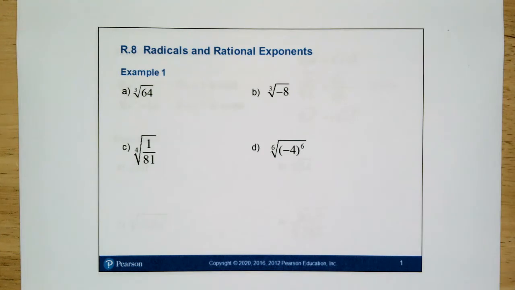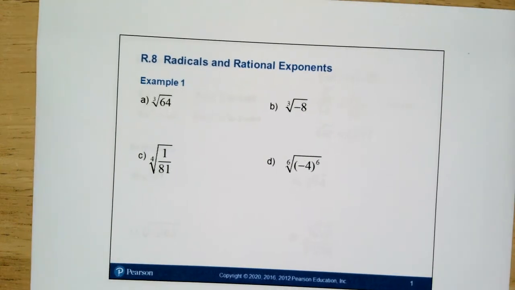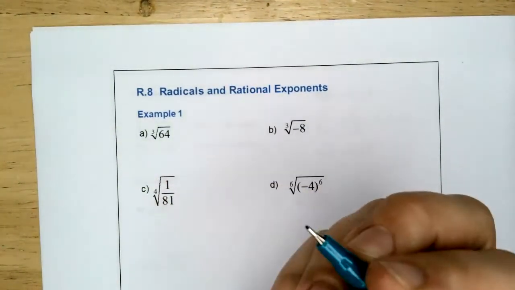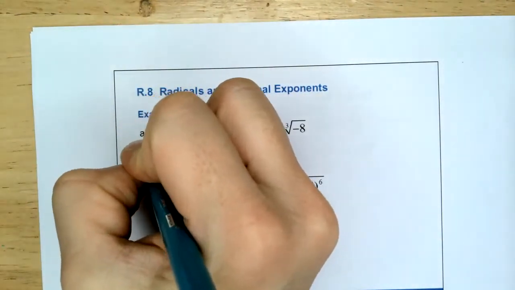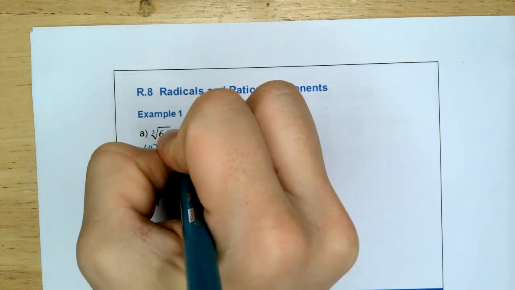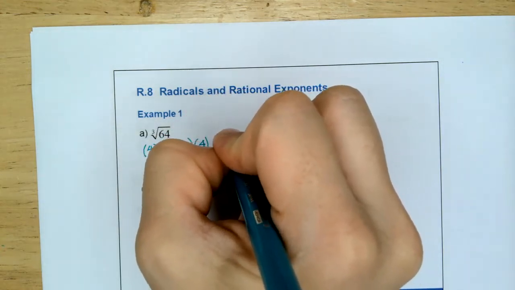All right, so first of all, we have the cubed root of 64. What this is asking is what number can I raise to the third power and get 64? The cubed root of 64, okay? So in fact, the cubed root of 64 is 4 because 4 times 4 times 4 is 64.